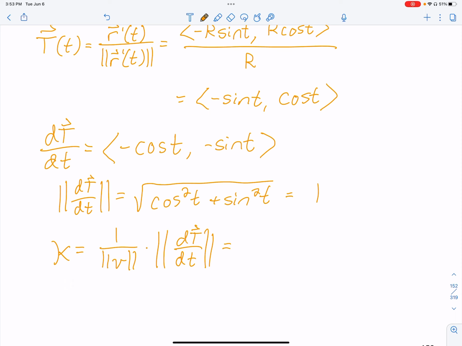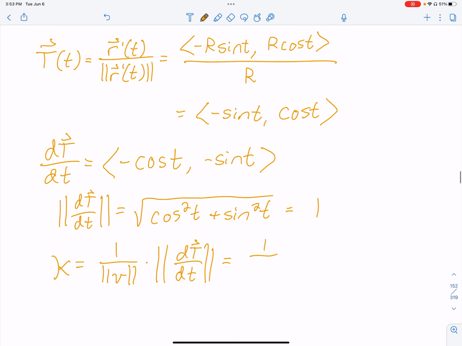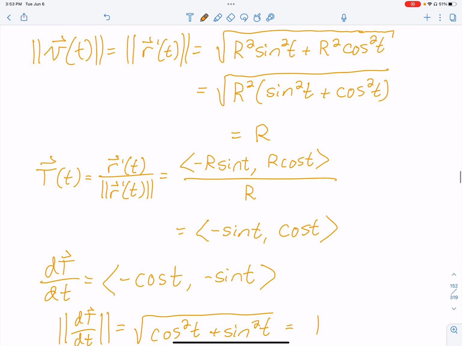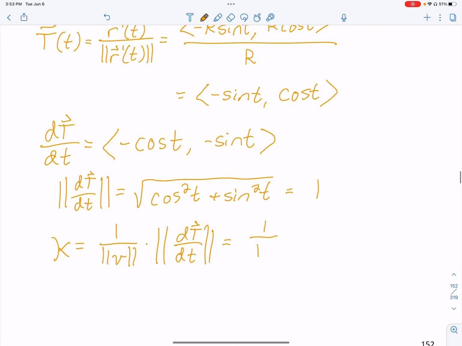I got 1 over the magnitude of v, which if I scroll back up was R, so 1 over R, and then that's just times 1, so I'm not going to write that. So kappa is 1 over R. That's what they wanted us to show. This is always true for a circle. This makes sense if we think about it. A circle should have constant curvature all around; it has the same curve.